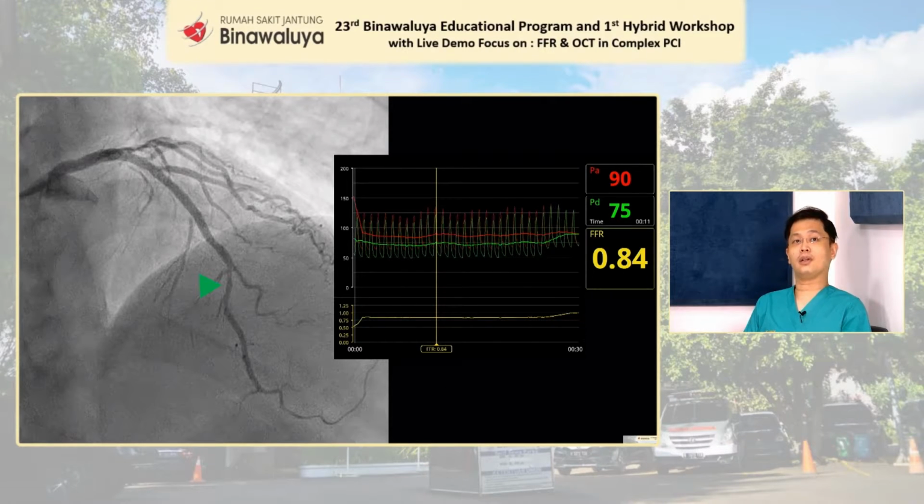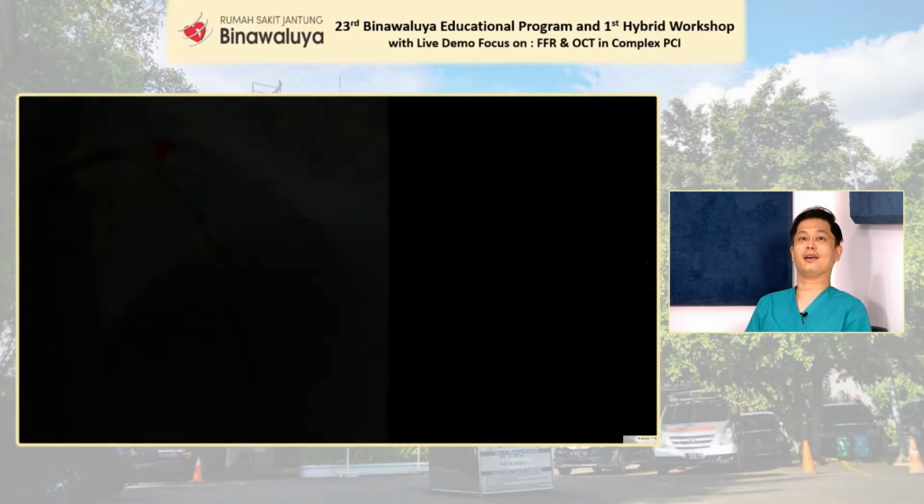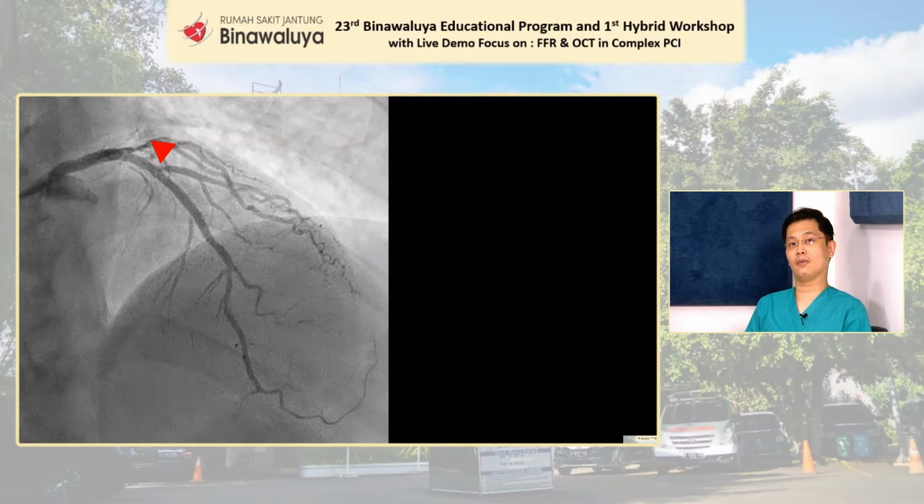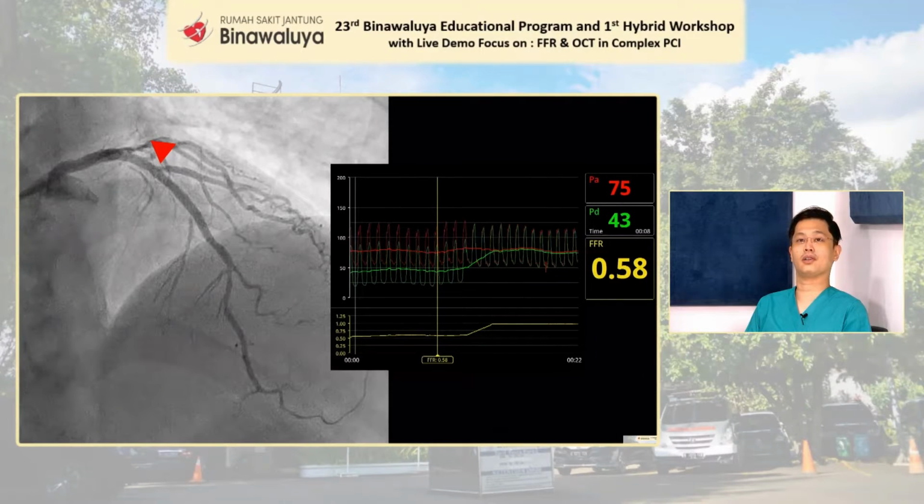Now, at this particular juncture, the patient did complain of some chest discomfort, and I realized that the ostium of the second diagonal was narrowed compared to when it was first assessed. I remeasured the FFR in this branch, and it turned out to be 0.58. So the utility of FFR is also extremely interesting for the assessment of side branch post-procedure.